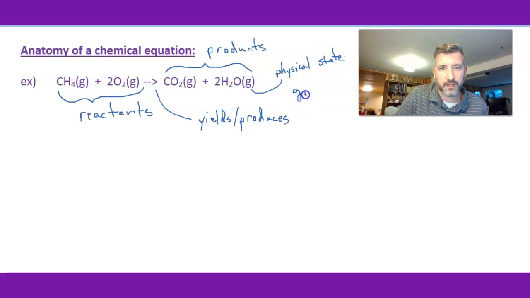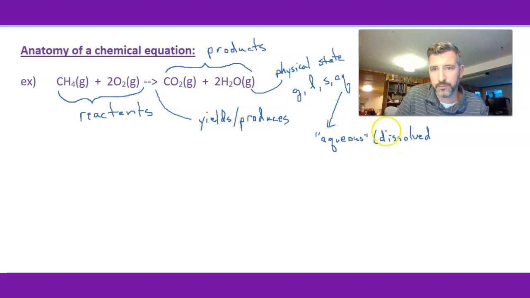And that could be G for gas, L for liquid, S for solid, and AQ for aqueous. And aqueous just means dissolved in water. Okay, so if you had salt water, it'd be NaCl(aq). Okay, so that's just kind of what the parts of the chemical equation are.